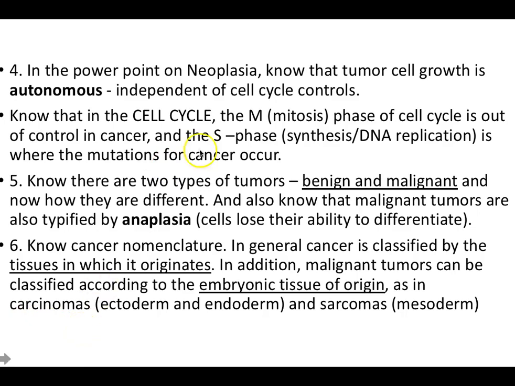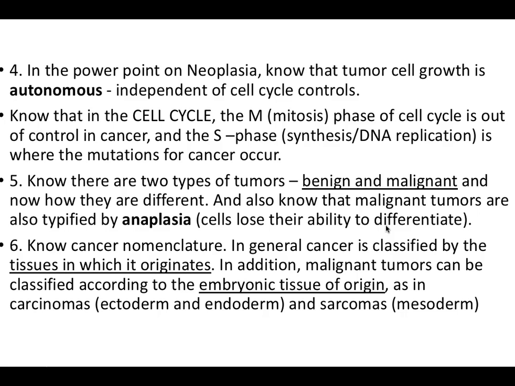And the thing about cancer is to know, for example, for a 2 point multiple choice, autonomous versus anaplasia. Autonomous means that they are independent of cell cycle controls. Anaplasia means that as the cell becomes malignant, they lose their differentiated function.